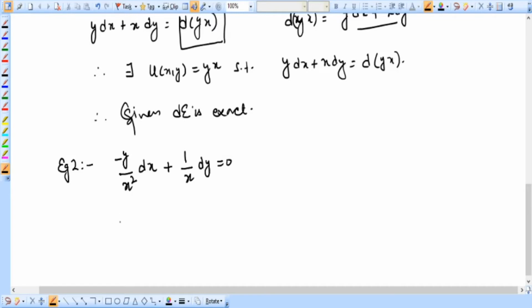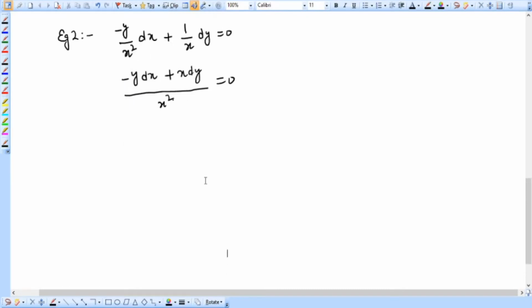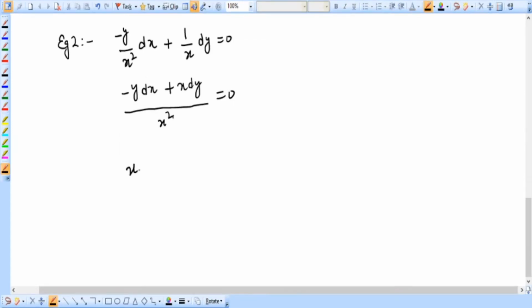If we take the LCM, this changes into this equation equal to 0. Rewriting this equation as x dy minus y dx over x square is equal to 0.